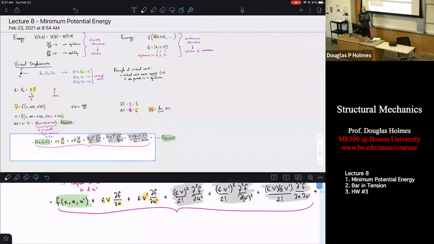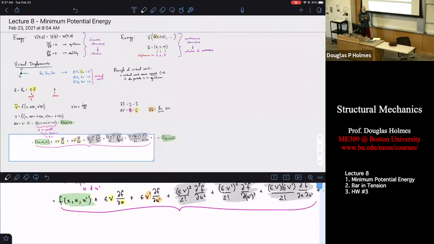And we're left with a not so terrible expression, which is that delta V is equal to epsilon V times the first derivative of f with respect to u plus epsilon V prime times the first derivative of f with respect to u prime.